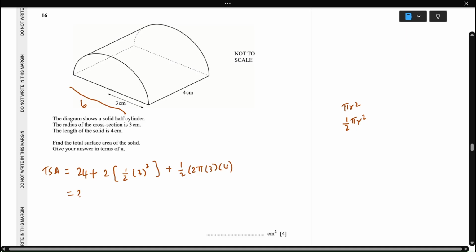Okay, so the answer is now 24, plus here 1 by 2 pi r squared, where pi is there. The 2 got cancelled, which is 9 pi. Plus here also the 2 got cancelled, which is 12 pi.